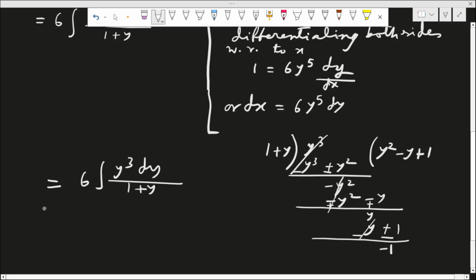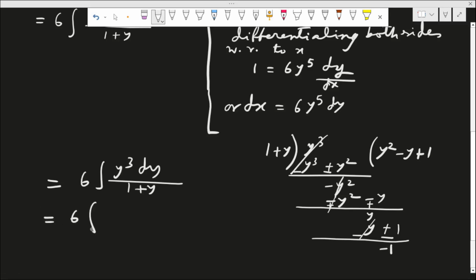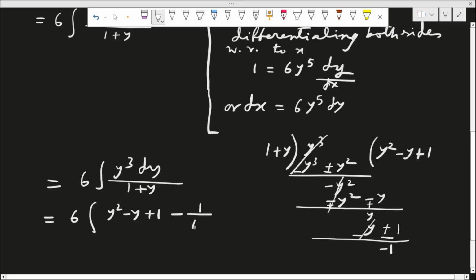So y cube by 1 plus y is written as 6 times (y square minus y plus 1 minus remainder 1 by 1 plus y).